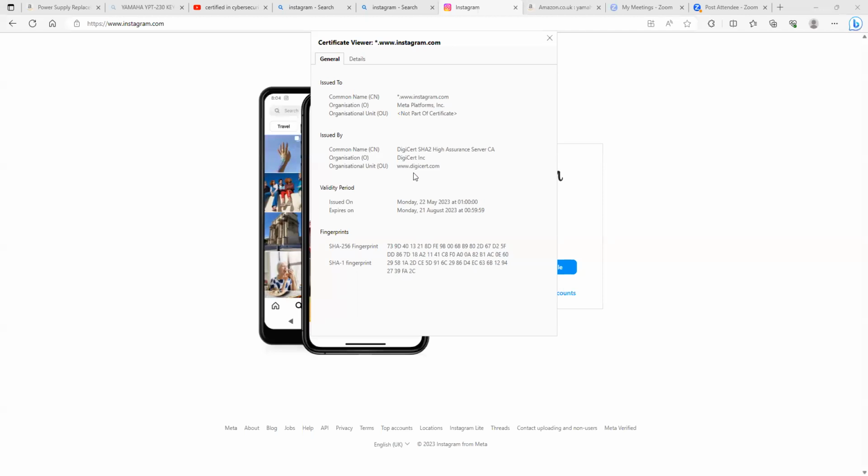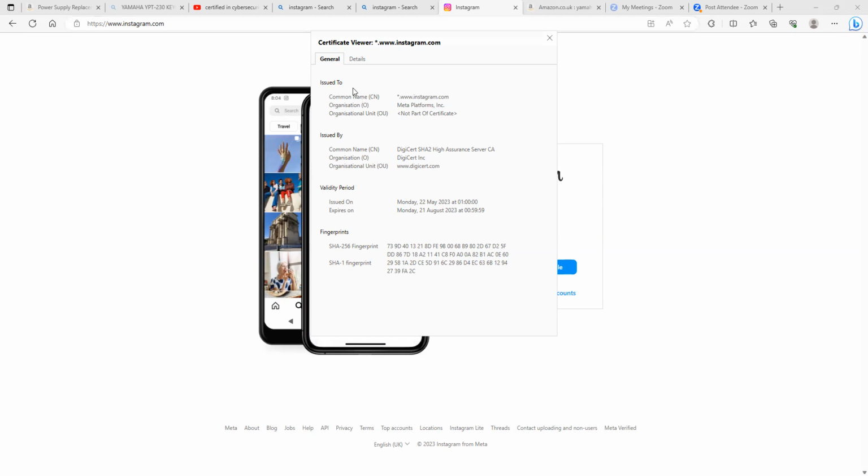So this is their public key. They will hold the private key. And this is what enables you and I to access Instagram.com securely.